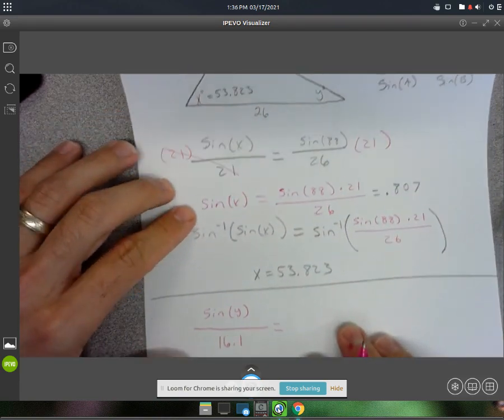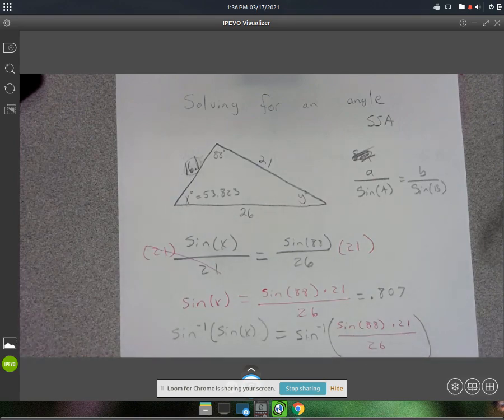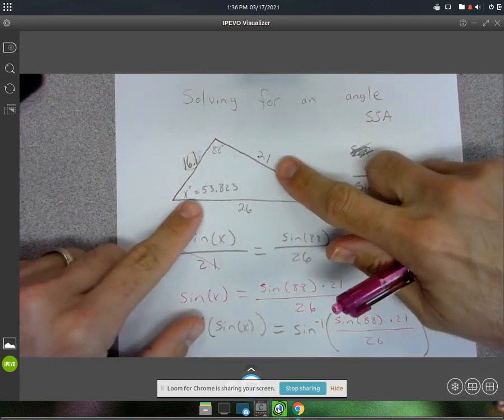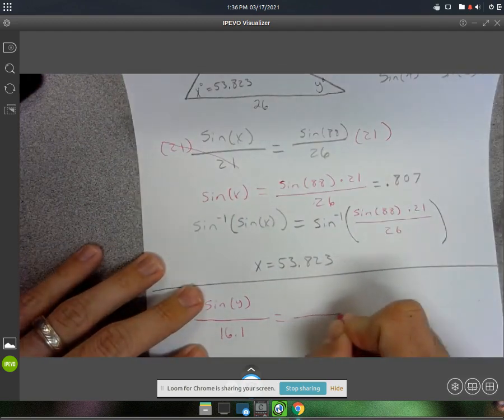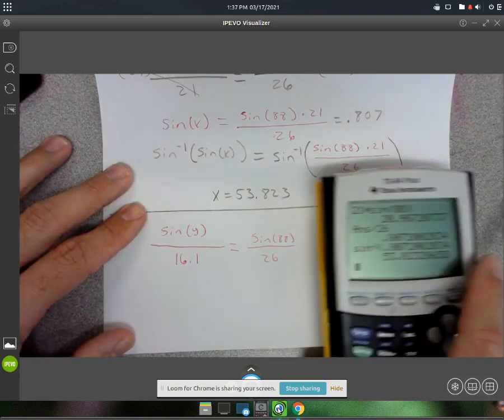And then for my other one, I just have to pick an angle and a side opposite that where I know both of them. So I could use these or I could use these now. I'm just going to use the same ones from before. Sine of 88 divided by 26. And then we'll just use our calculator to solve this.